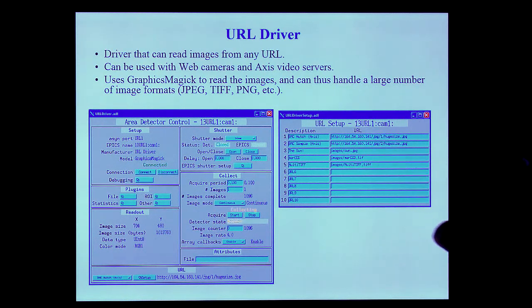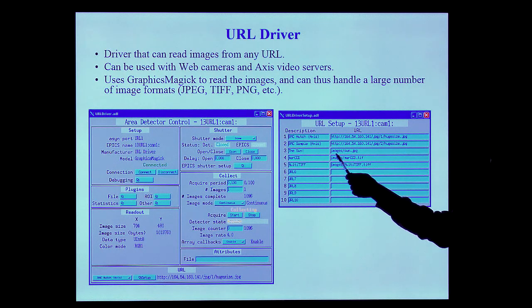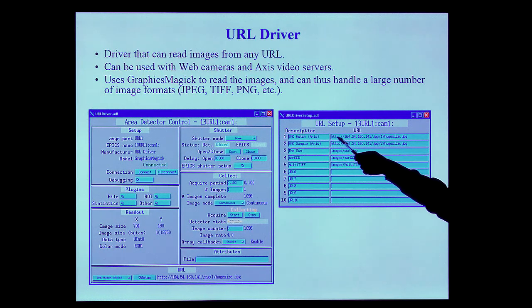So this is a driver that can read images from any URL. So it could be used to read an image from a file, right? And into area detector, or it can read from a website.